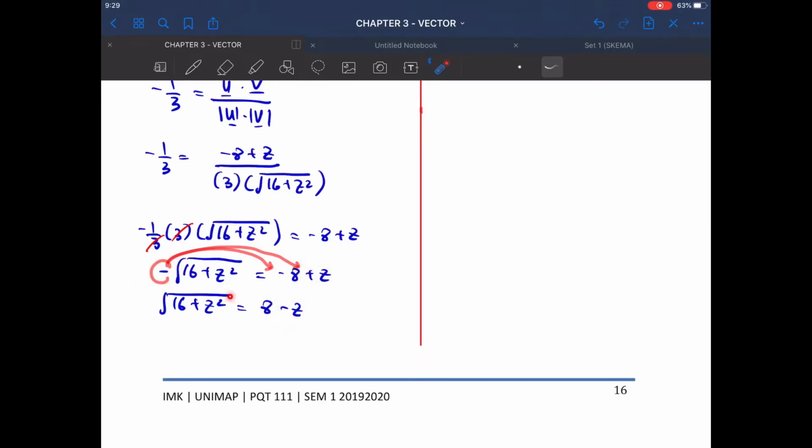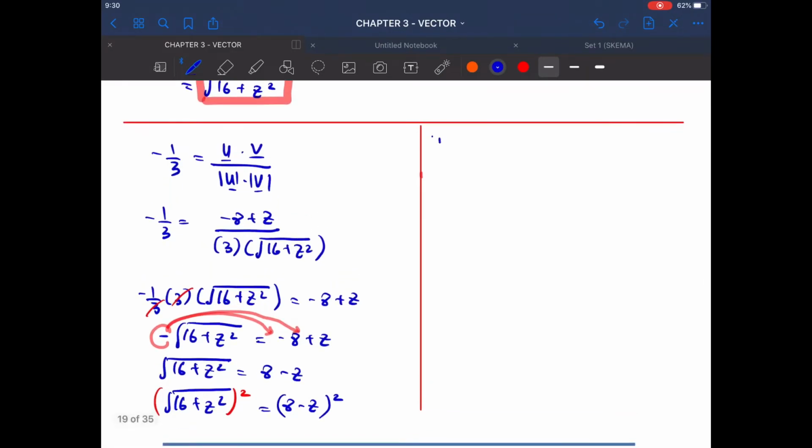So now we want to eliminate the square root here by applying square to both sides. For the left hand side, the square root and square means that we can cancel out the square root. So the left hand side will become 16 plus z square is equal to 8 minus z.